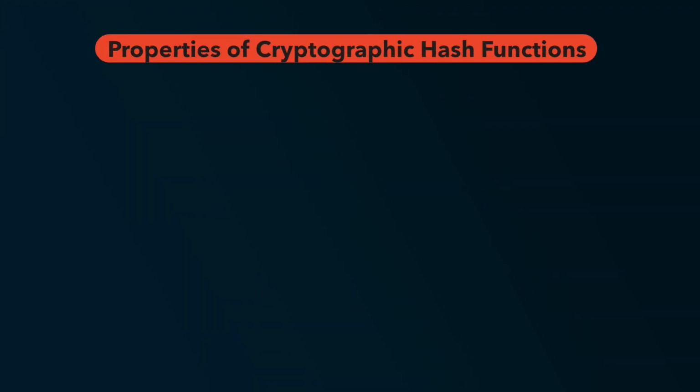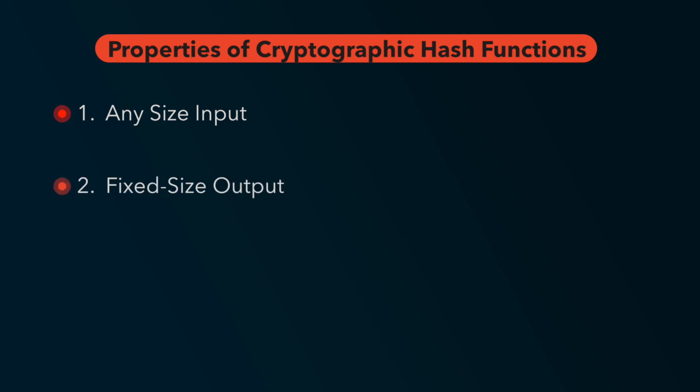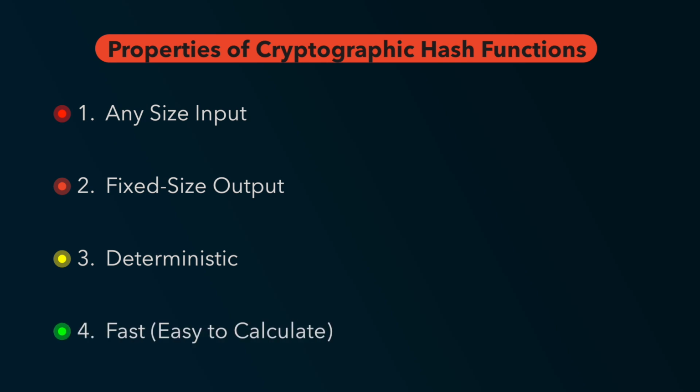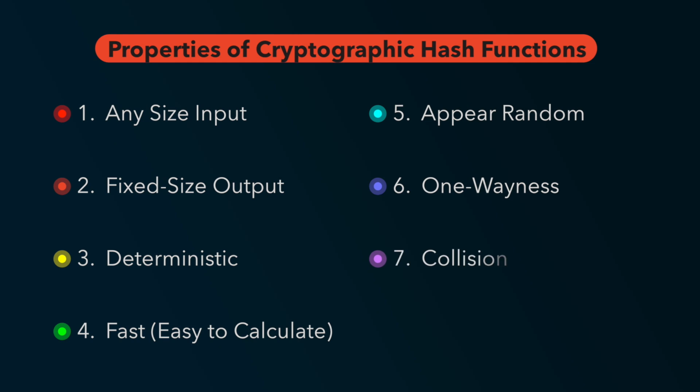Now, the main properties that we need from cryptographic hash functions in order for them to work for these use cases are that they can have input data of any size, but will always output a hash of a fixed size. They are deterministic, so the same input will always have the same output. They are fast, they appear random and exhibit an avalanche effect, they only work in one direction, and they are collision resistant.